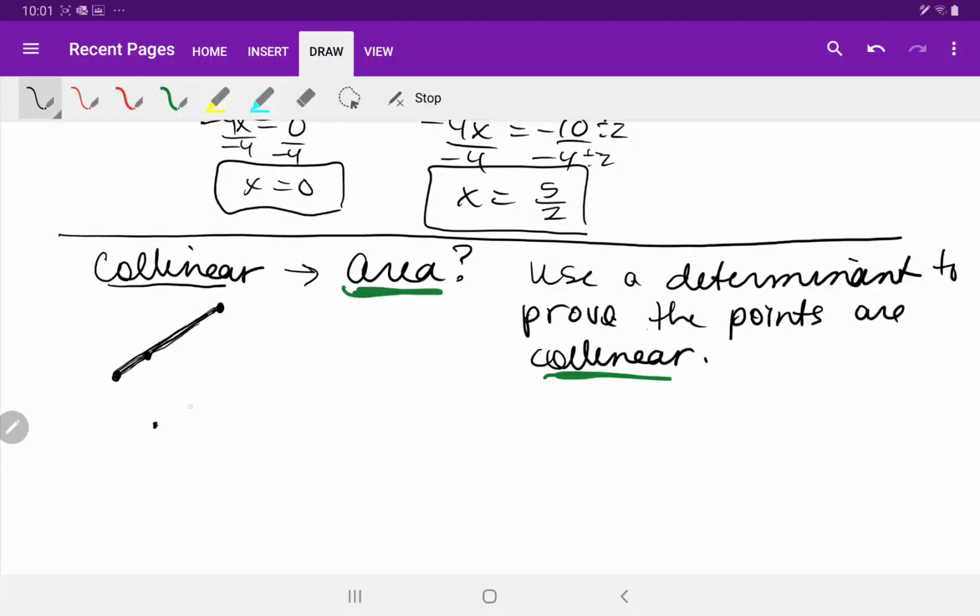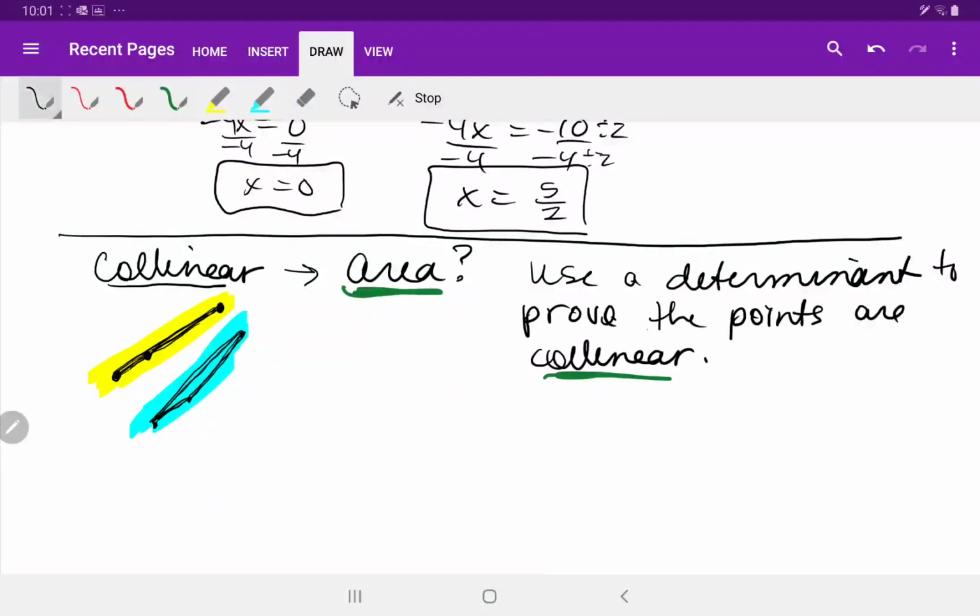Now imagine this. Imagine they weren't collinear. Let me lift the point just barely off. So look at this triangle, my yellow triangle here, and compare that to my blue triangle.